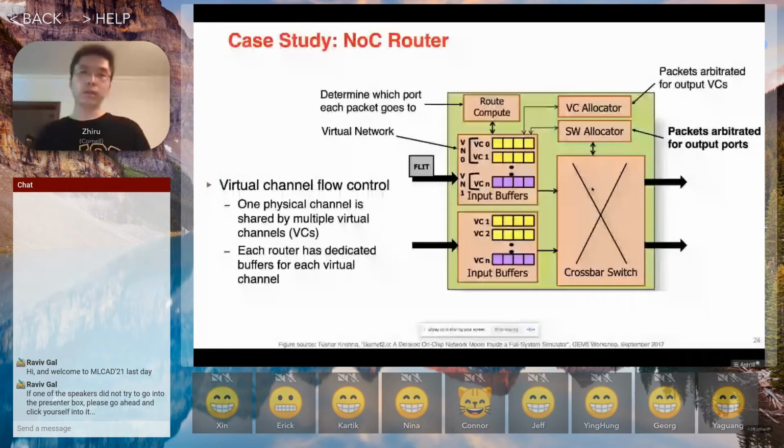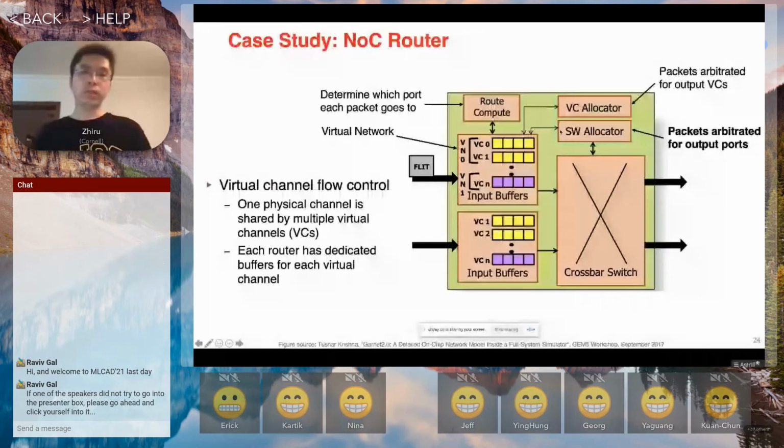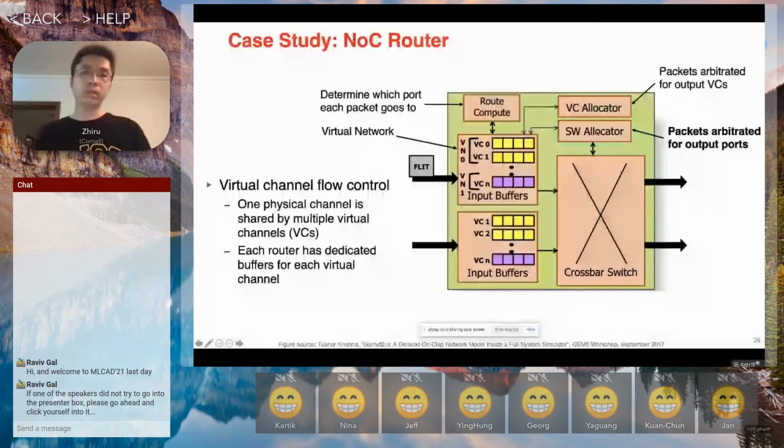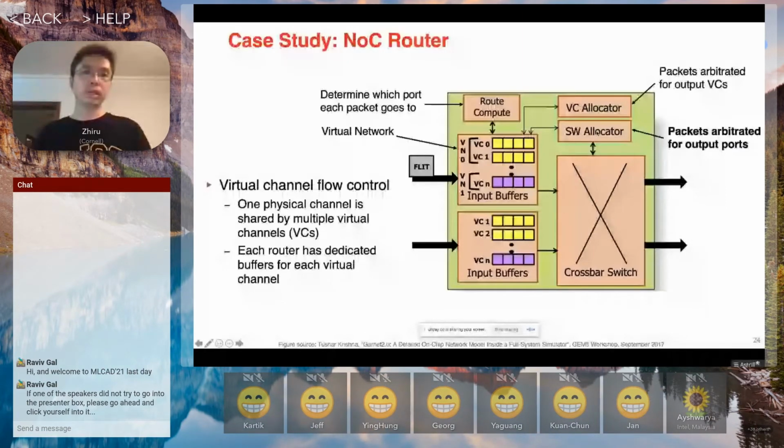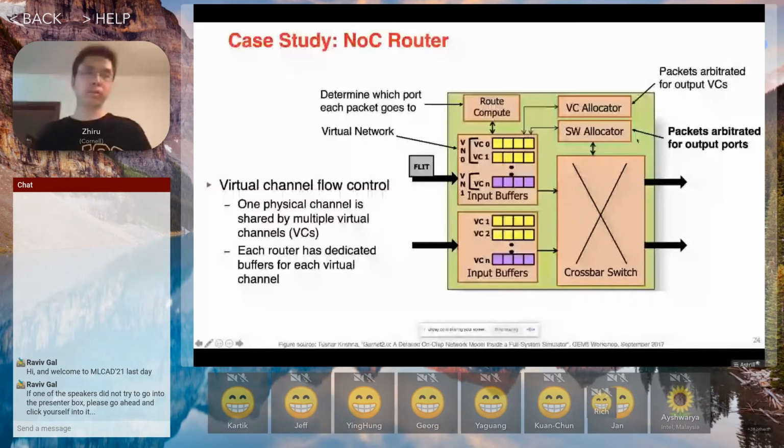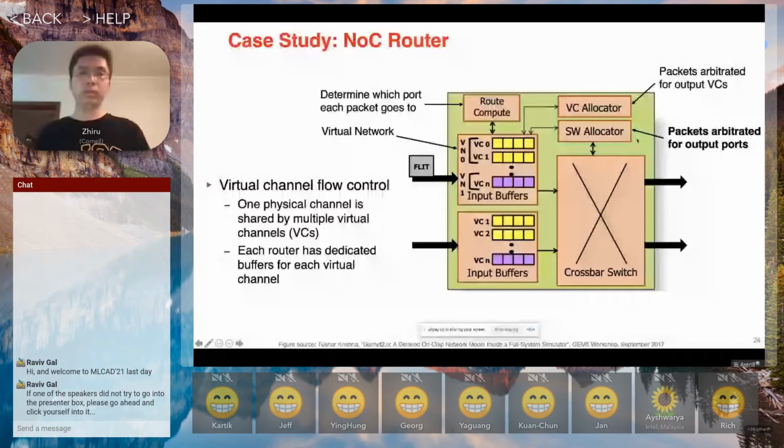What we are focusing on is the so-called switch allocator. That's where we are making choices. We are choosing packets from different virtual channels, and they're going to be arbitrated for certain output ports. This is actually interesting and turns out to be a very important decision-making process for the NOC router.